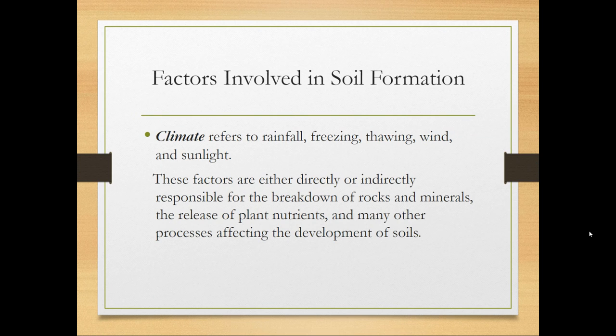So what does climate refer to? We've talked about climate before, especially if you've had biology. Just a reminder, it's the weather patterns in a certain area. Okay, so it could be how much rainfall, how much sunlight, the average temperature, growing seasons, all those things. Okay, so they are either directly or indirectly responsible for the breakdown of rocks and minerals and the release of plant nutrients and many other processes affecting the development of soils.